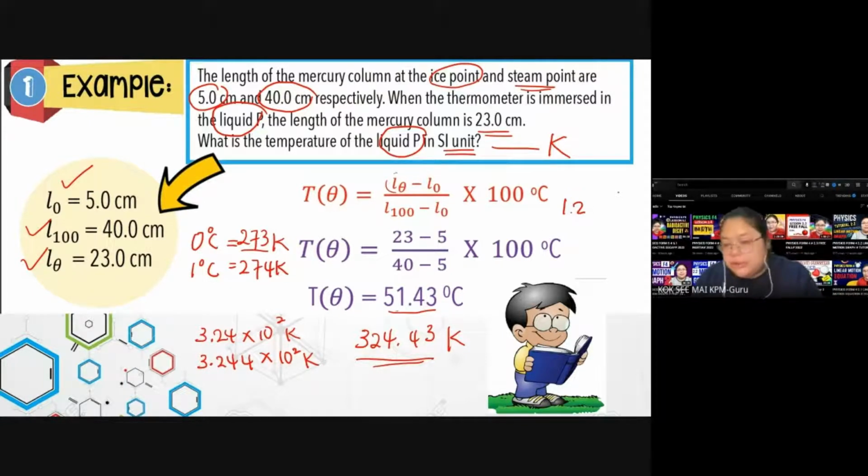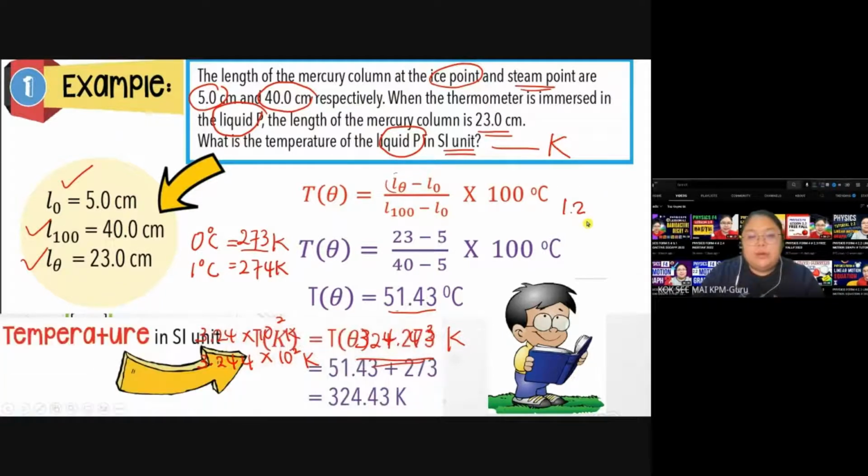Just 1.2, that's all. So this is one of the points to tell you all. This is the new marking scheme for the SPM. They want to catch students who just write 1 digit or 1 decimal point only. So better we set 4 significant figures. Then this one is the answer, 324.43 Kelvin.